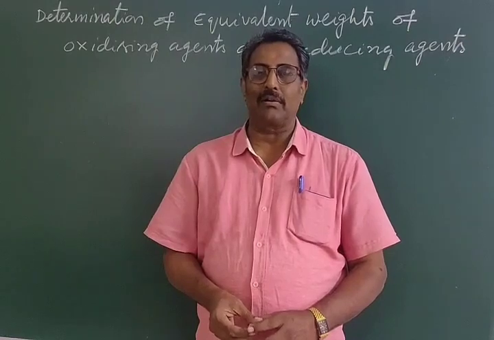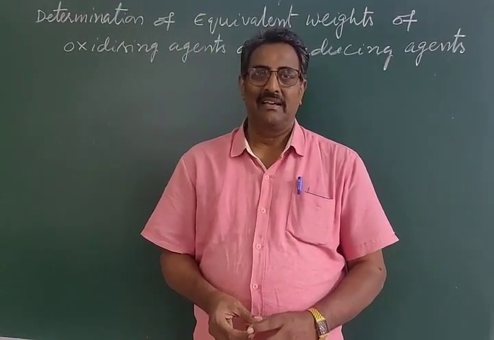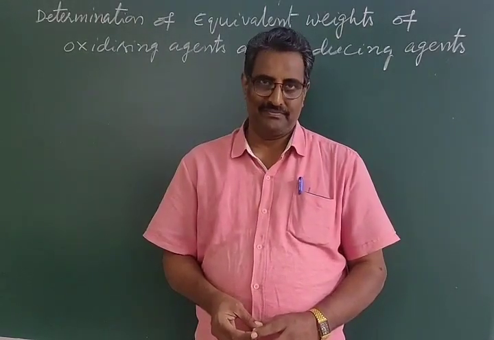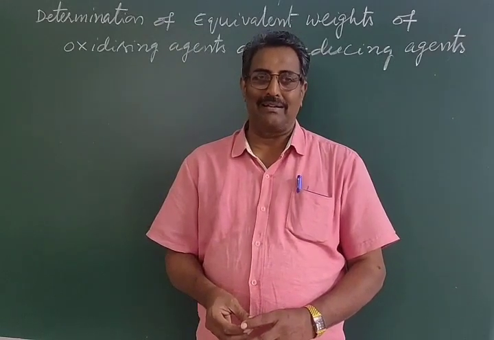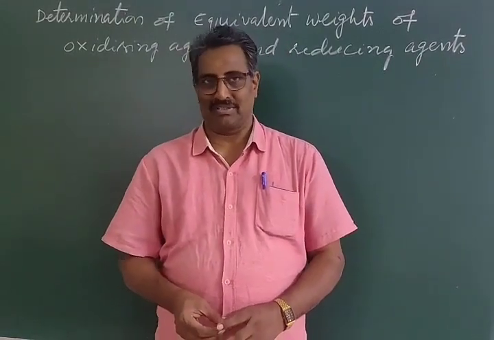We have learned the modern concept also. Oxidation is the loss of electrons according to modern concept. The gain of electrons by a substance or element is known as the reduction by modern concept.